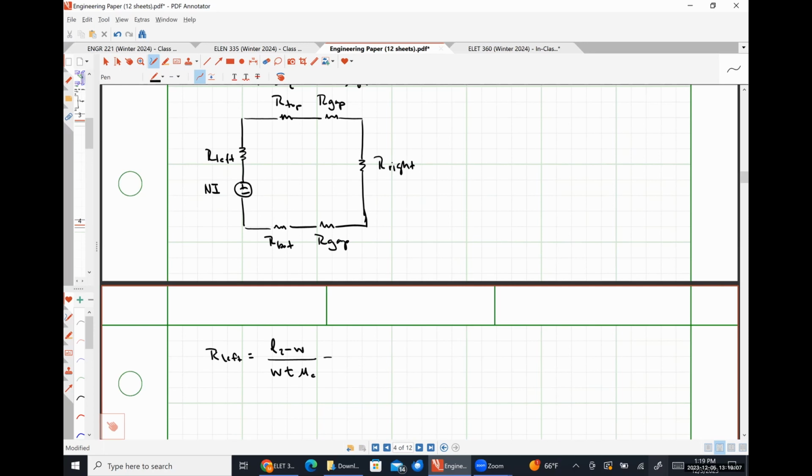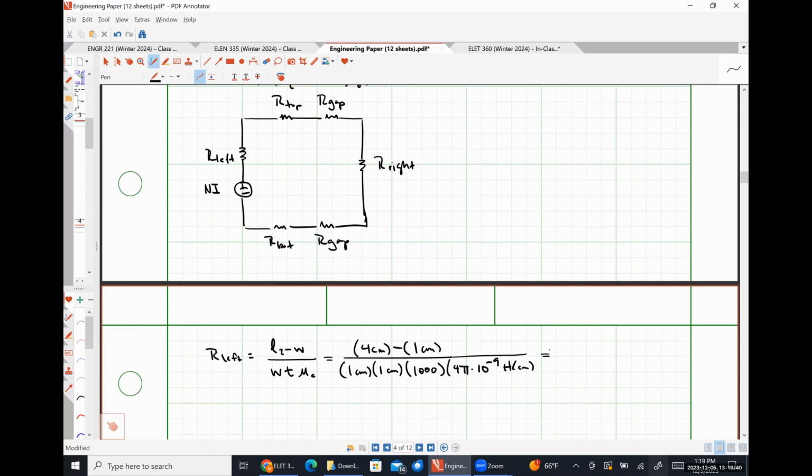So plugging in numbers, L2 is 4 centimeters minus 1 centimeter. Down here, we're going to have 1 centimeter times 1 centimeter times 1,000, thank you, times 4 pi times 10 to the minus 9 henries per centimeter.